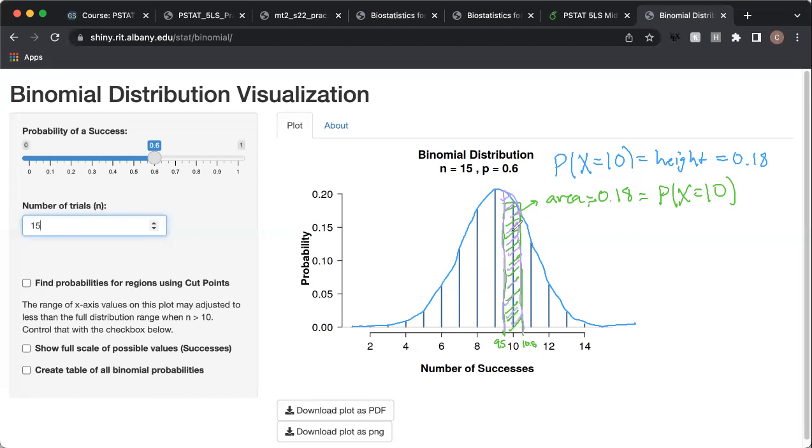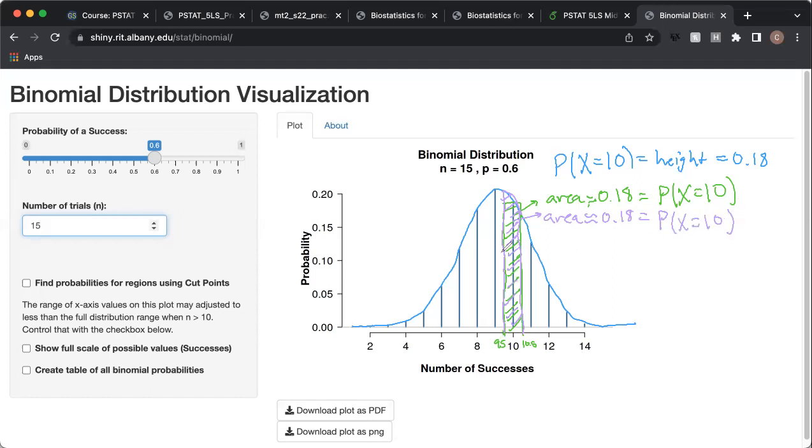Now, this area is not going to be exactly 0.18. It's going to be pretty dang close. Not exactly. It kind of overshoots on the left-hand side from the green rectangle, and it undershoots on the right-hand side. And the overshoot and undershoot don't exactly cancel in a perfect way. But we could definitely say that the area is approximately equal to 0.18, which is equal to the probability that x equals 10.